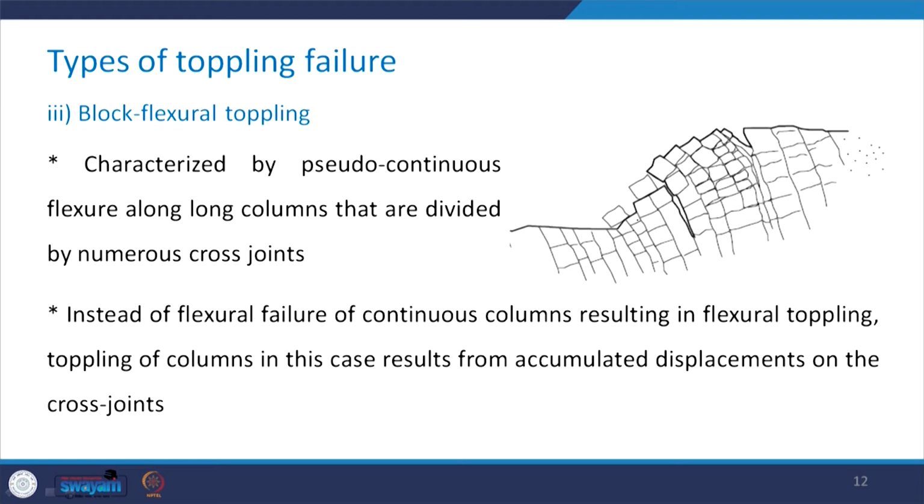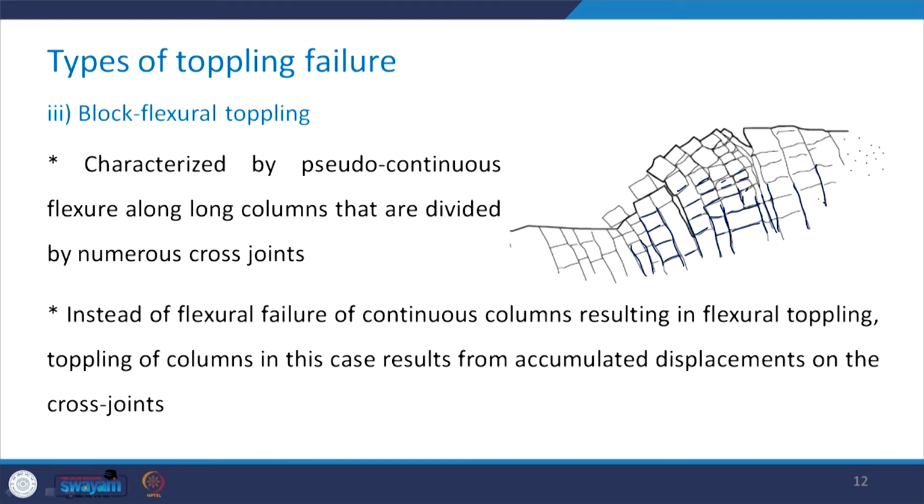Again, here in this case, all these joints are steeply dipping in the rock mass. But you can see that there are numerous cross joints which are present in each column, which are formed because of the presence of these discontinuities which are dipping steeply.